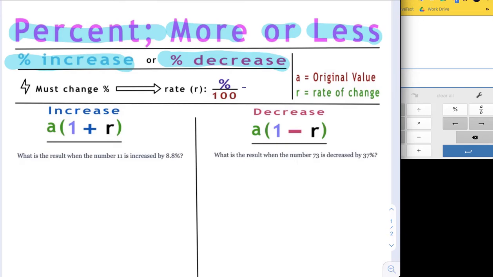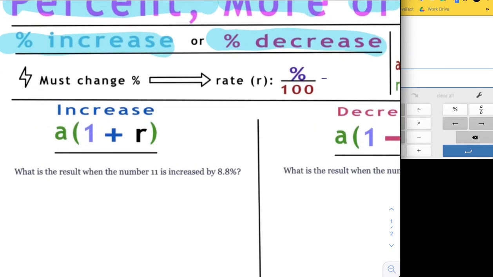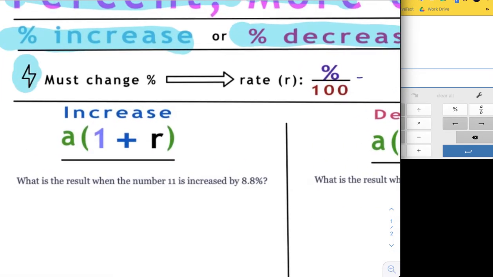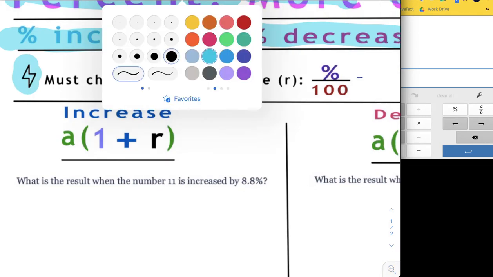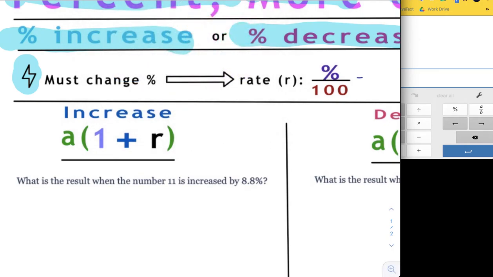So, first thing we need to know is here, our first lightning bolt here is we must change percent to rate. Now, a rate is percent, right? But it's percent changed into a regular number of sorts, right?